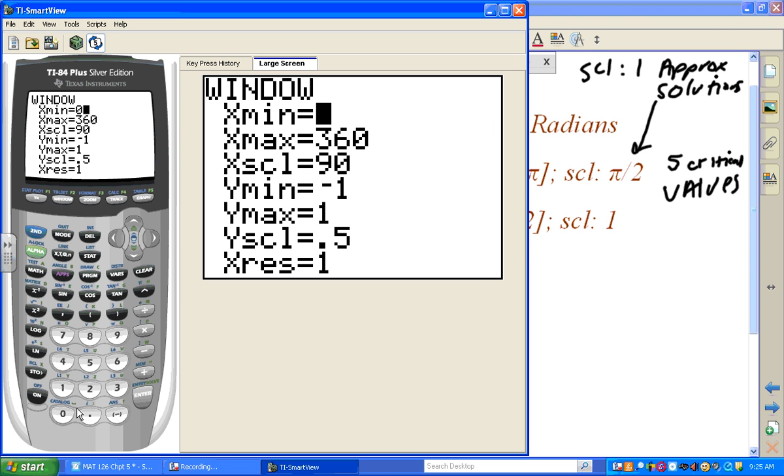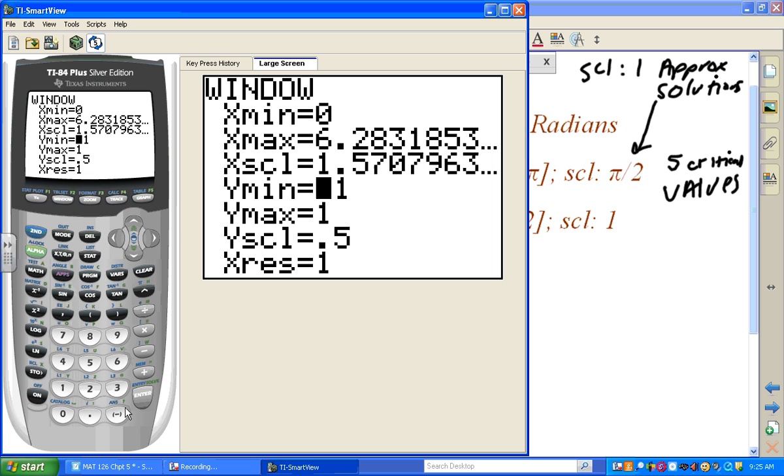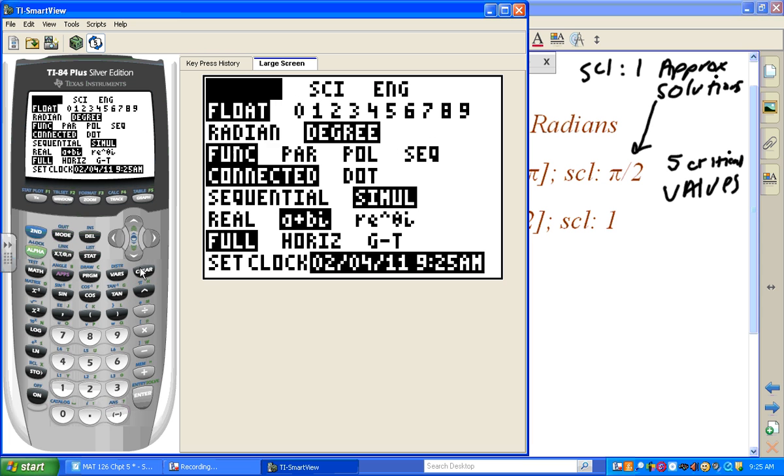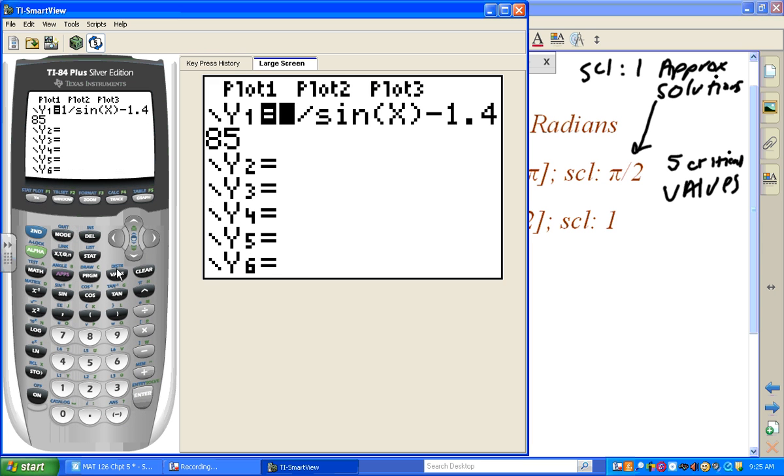Window 0 to 2 pi. Scale of pi over 2, pi divided by 2. Negative 2 to 2, and 1. Excellent. Mode, radians. Y equals sine of x.